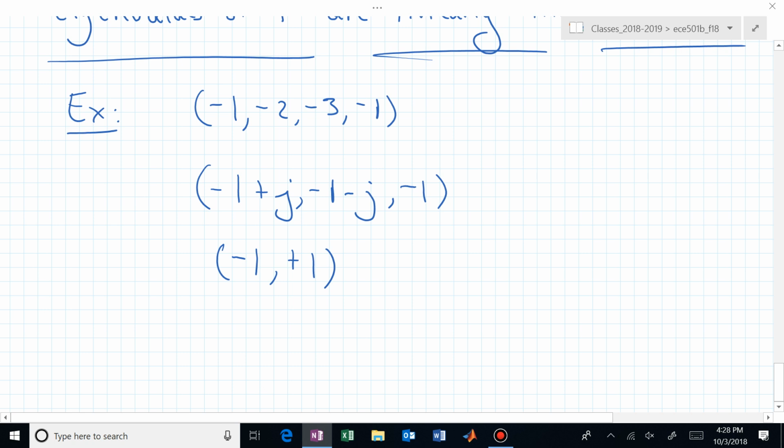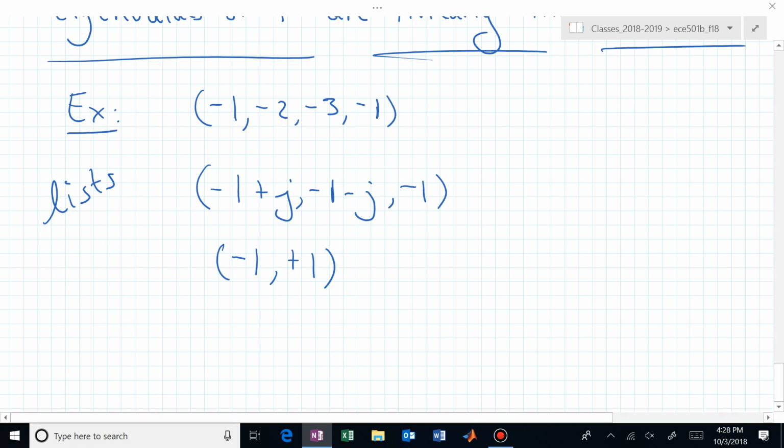The first list is -1, -2, -3, and -1. With a set, we really can't talk about that, can we? Because we can have overlap and the set will be the same. So these are lists.